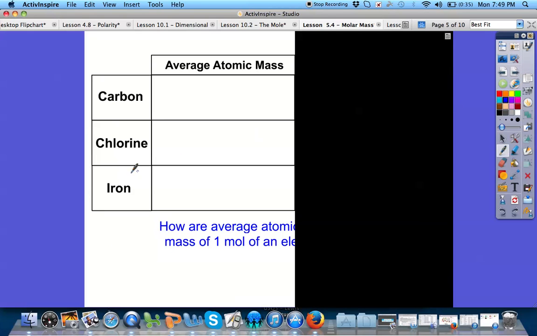Okay, so look up carbon's average atomic mass. It's 12.01. And remember that we label our average atomic mass with AMU. Chlorine is 35.45.